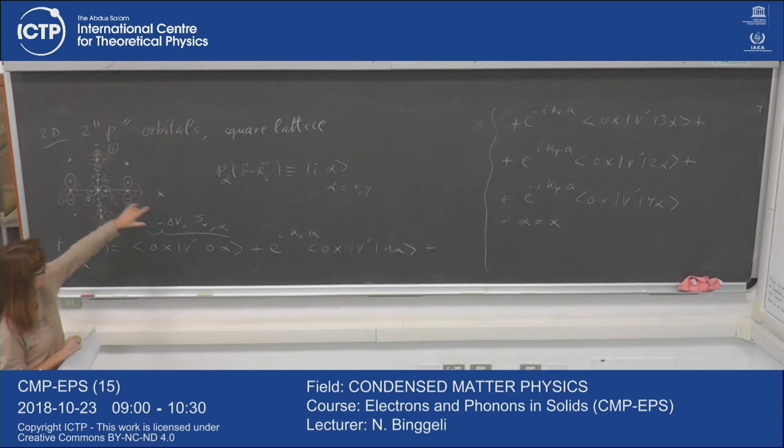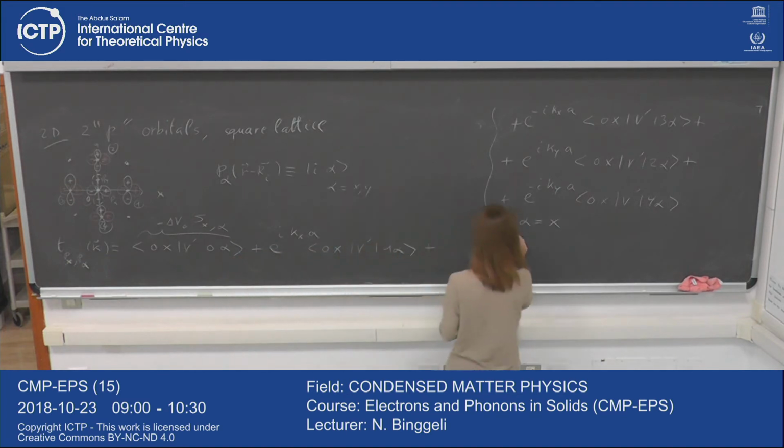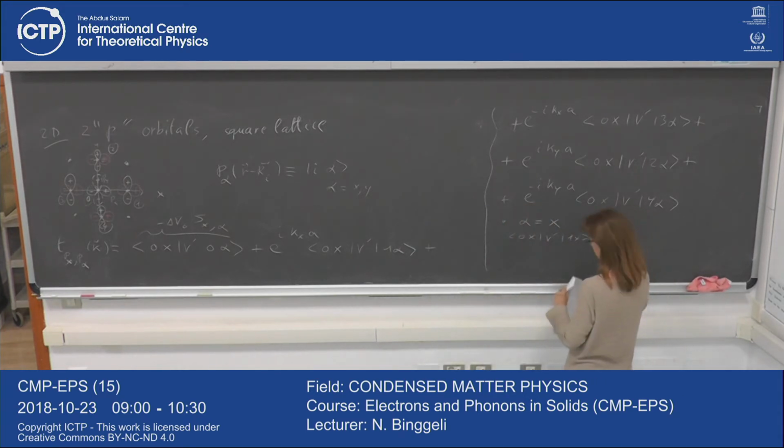And this is multiplied by the crystal field and integrated. So this matrix element 0x, b prime 1x, it's going to be finite.